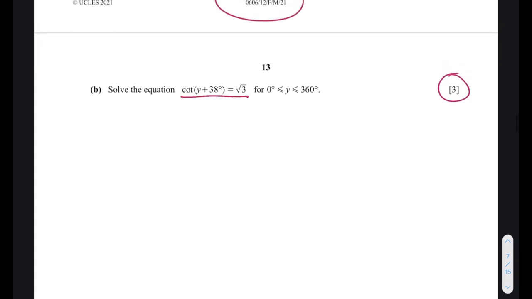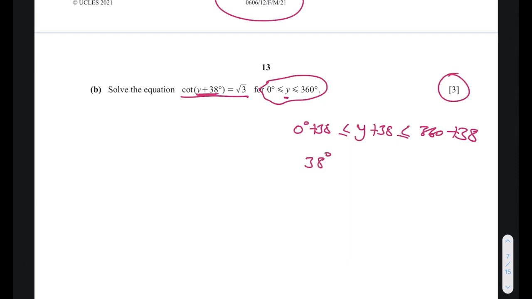So you are told that cot is equal to this. Hey, they are deceiving you. But before you even try, you can change this because this is y, but they have actually added 38 to it. So transform it, okay? Add 38 to all sides. So you have 0 plus 38 is equal to y plus 38. Then you have 360 plus 38.